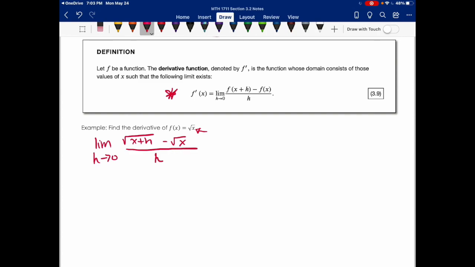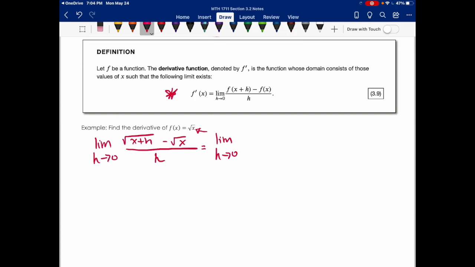Then I'm going to minus f of x, which is the square root of x, and I'm going to divide by h. Once we start getting into the next few steps, what we're going to have to do is use some algebra manipulation so that I can plug in 0 for h to evaluate this. However, we can't use direct substitution and limit laws as it is, which is why we have to continue with some additional steps.